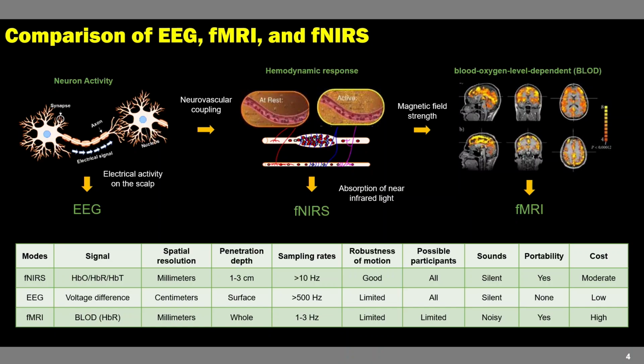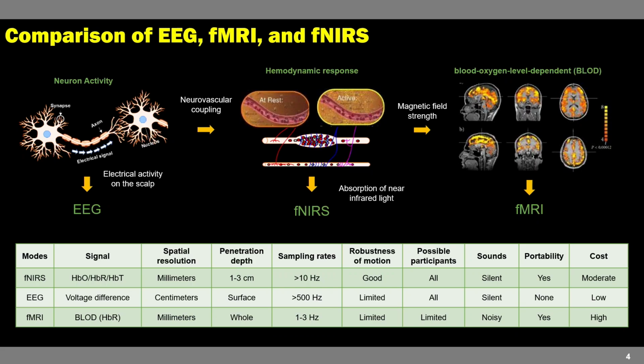Due to neurovascular coupling, we can see the hemodynamic response with fNIRS. And in the fMRI case, we use the magnetic field strength and get the blood oxygen level dependent signal, so we can measure that by fMRI.